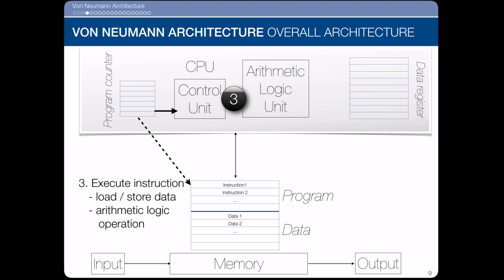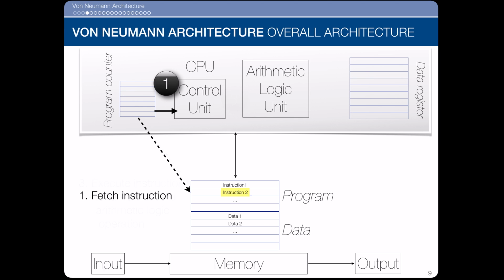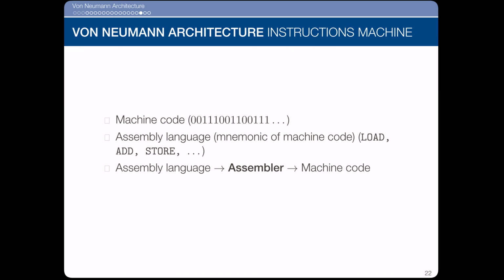We may need to store data from the data register to the main memory, or it could be an arithmetic and logical operation. And then the program counter points to the next instruction, and we do the same over and over again until the end.